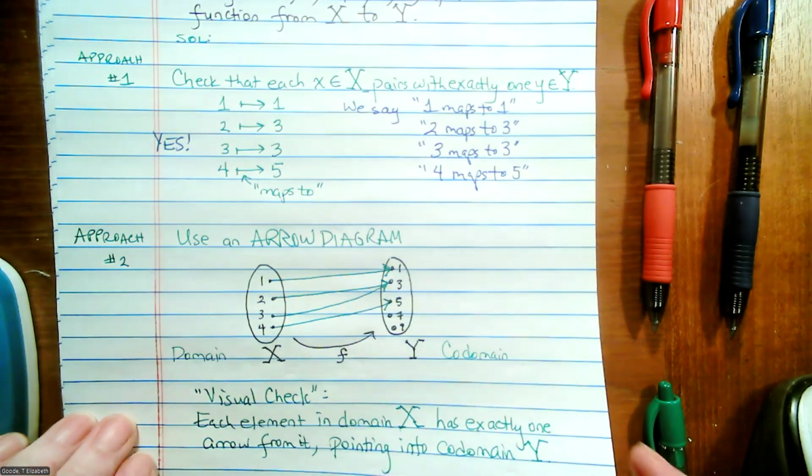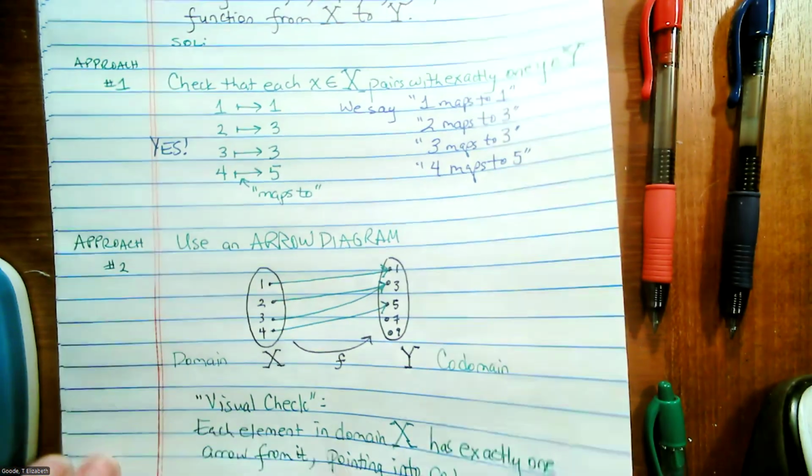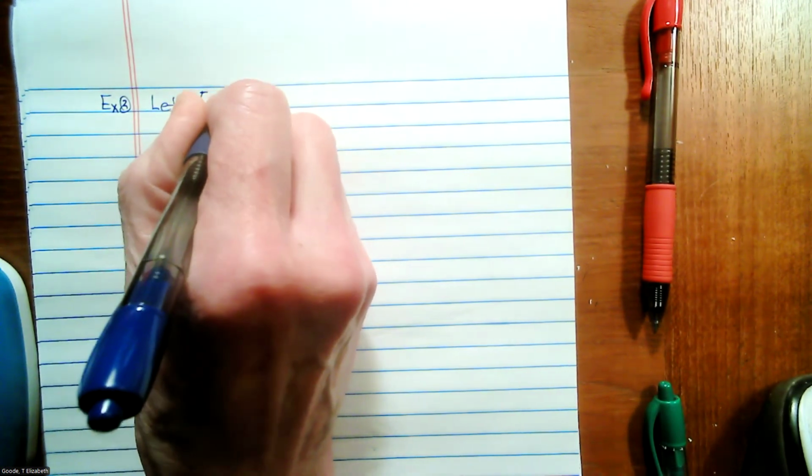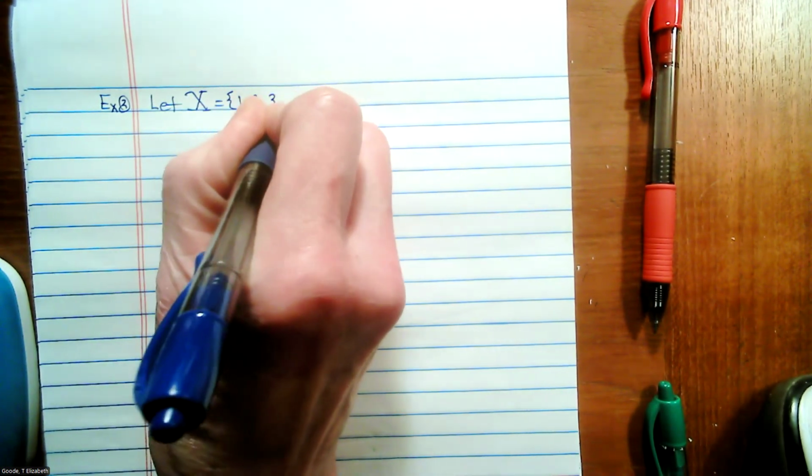Let's take a look at another example. This will turn out, of course, to be our non-example. We're going to let set X be the same set that contains 1, 2, 3, and 4.